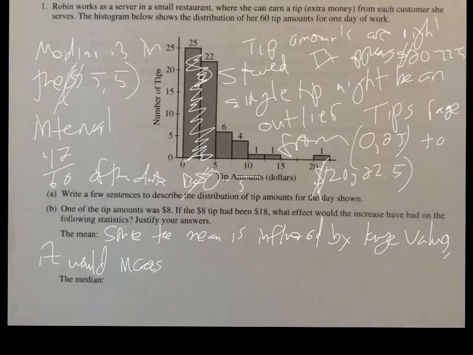An 8 to 18, and it's one data point. So let's see, 8 to 18, that would increase. So the $10 increase times 1/60th, because it's one data point, so there will be a 1/6 of a dollar increase.